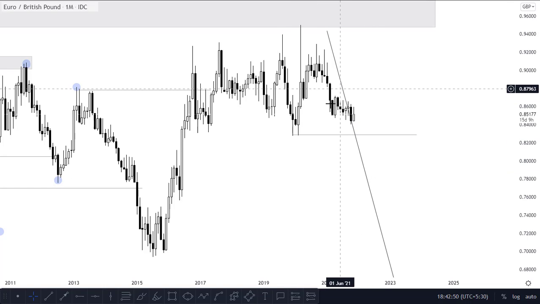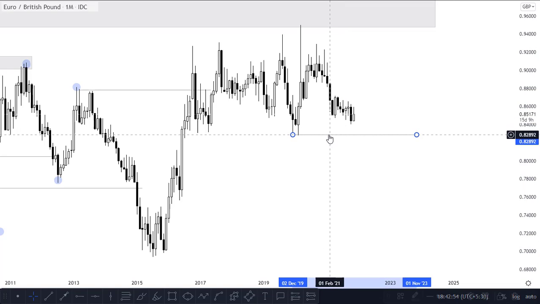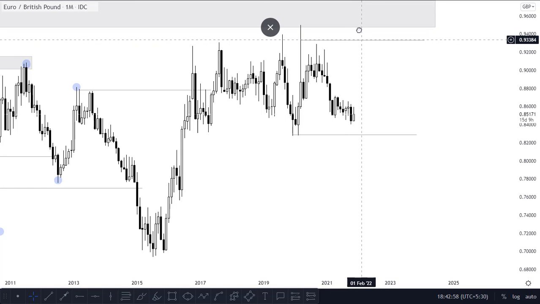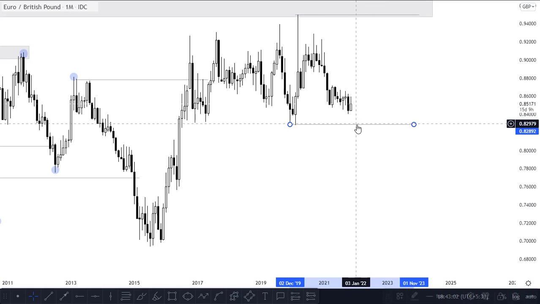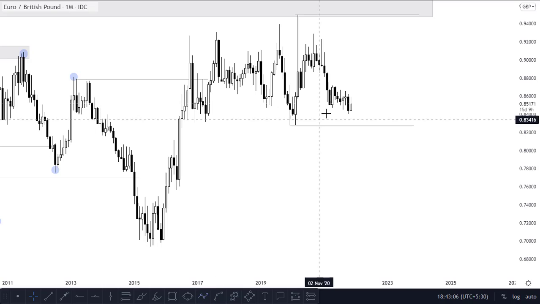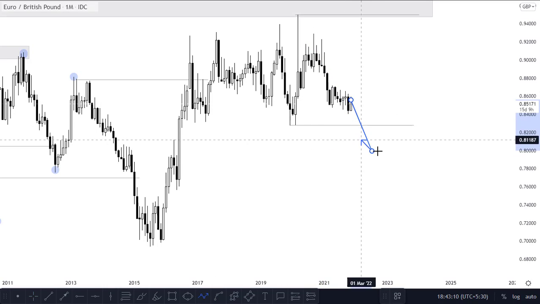So once we break this low, our bearish range will remain this one, from this low all the way to the high. I mean, when we have broken this level, this will be our range.